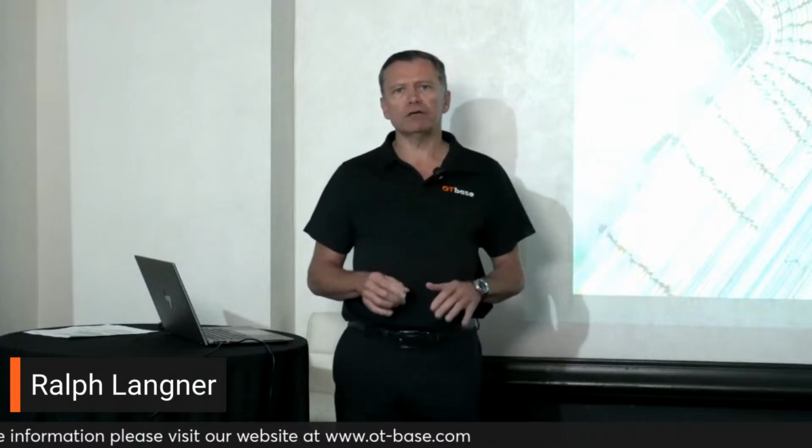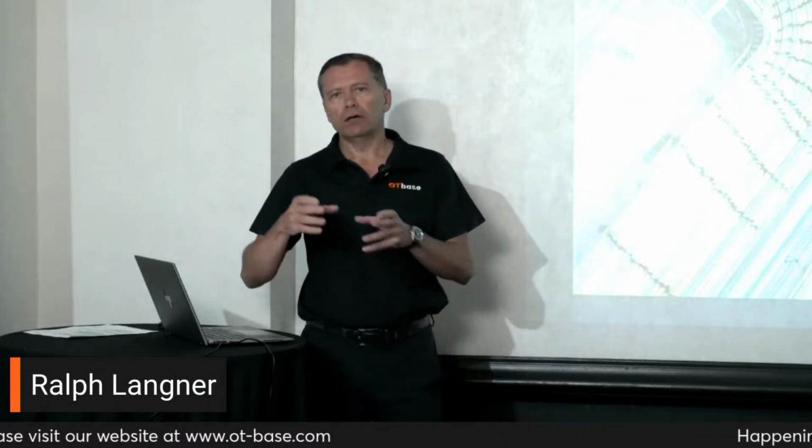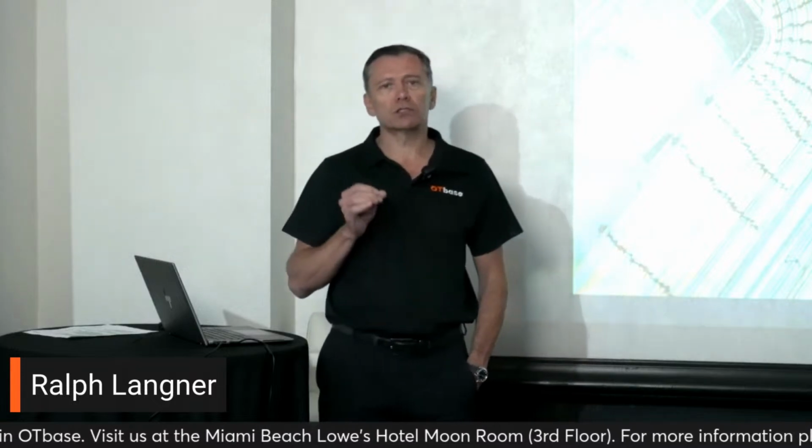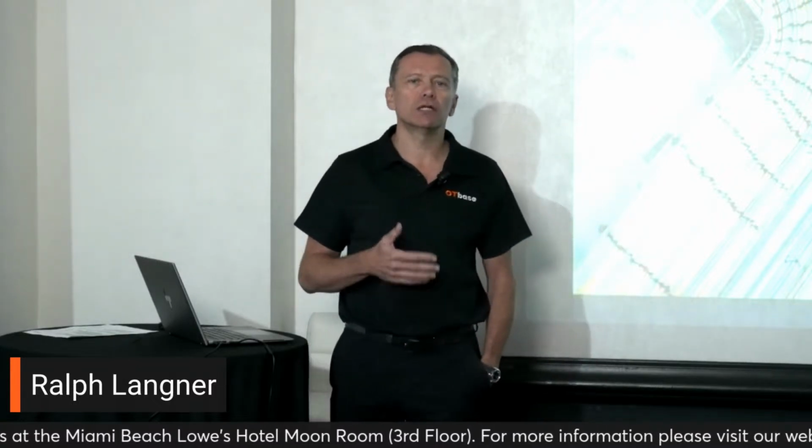So once we have an accurate and comprehensive OT asset inventory, we can now run the list of CVEs against that installed base and see if we find a match when it comes to the exact configuration. Now, what's the problem behind that? It actually is quite a big computational effort.